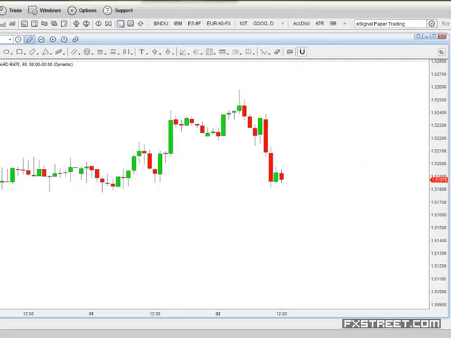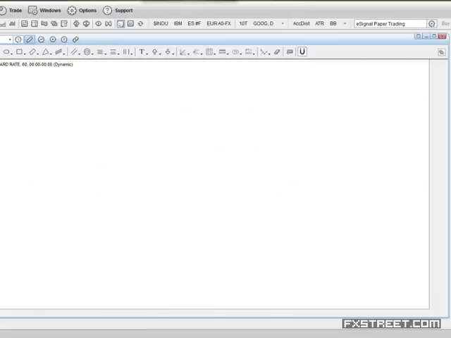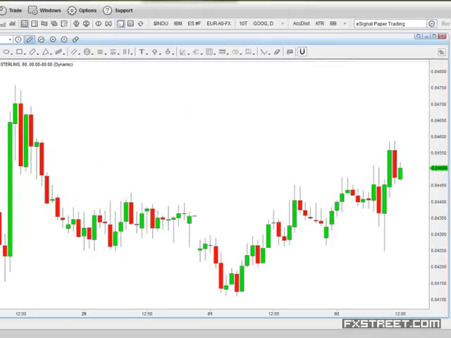I'm going to go to Euro Sterling next, just because this will explain why the bias isn't just fully buying or selling the dollar, because we've got this Euro Sterling aspect that will basically let cable move lower while it lets euro dollar move higher.